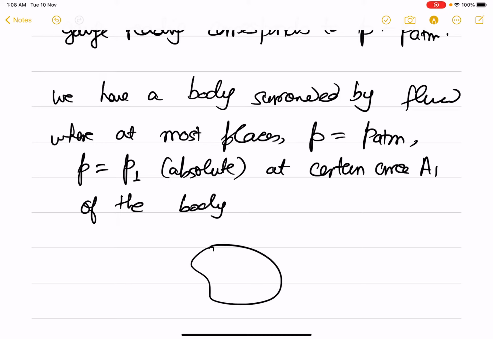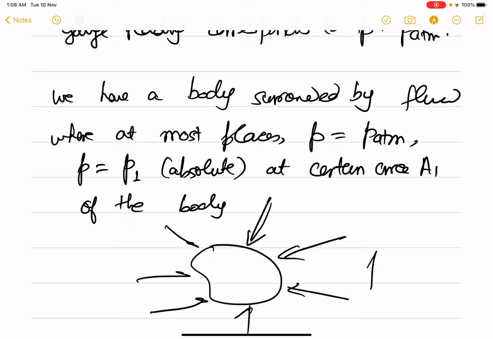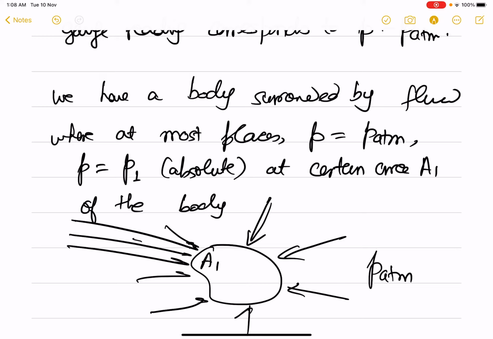So on the body we have pressure equal to P atmosphere all around, except there is an area A1 where the pressure is equal to P1.